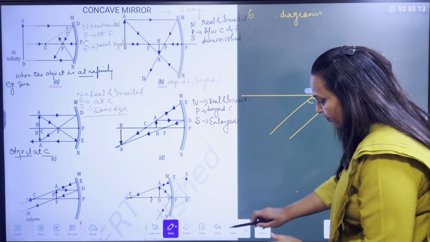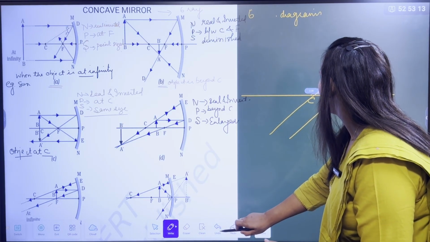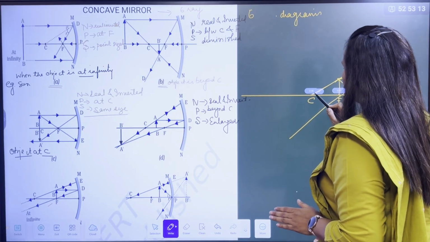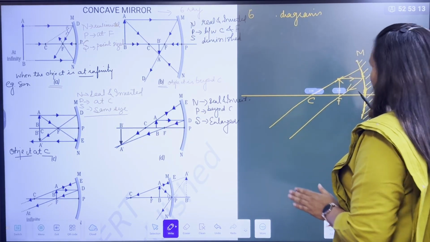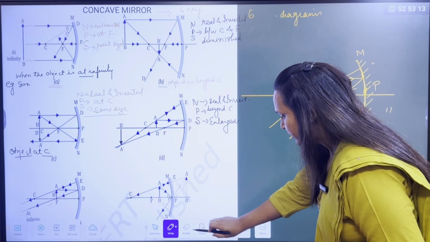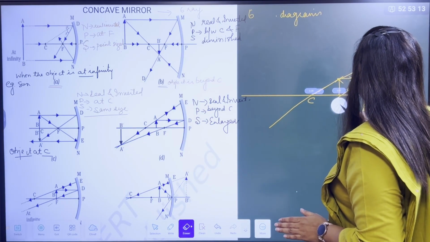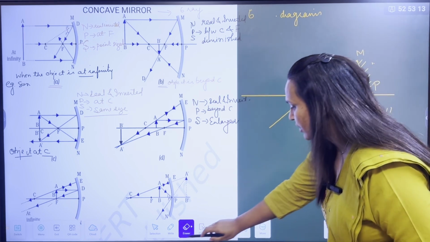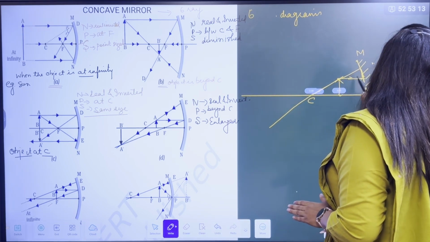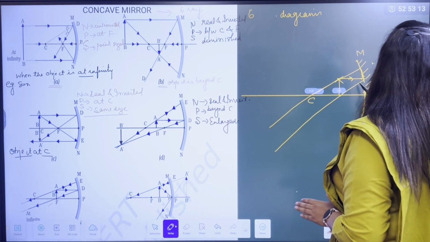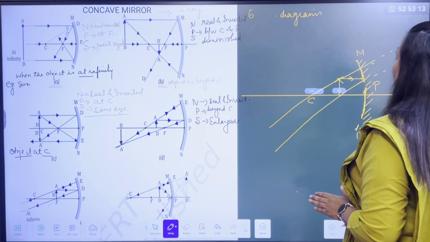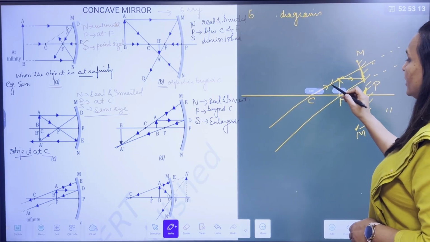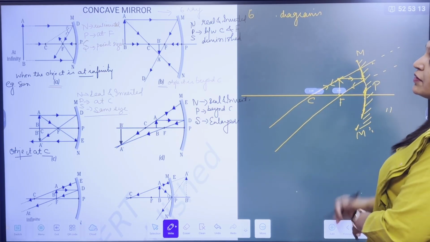Just 1 second. Rays will not meet. Rays will not meet.